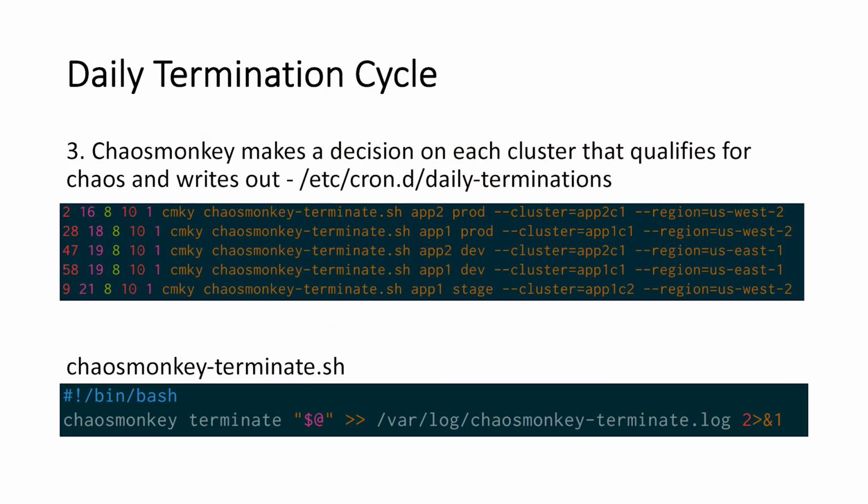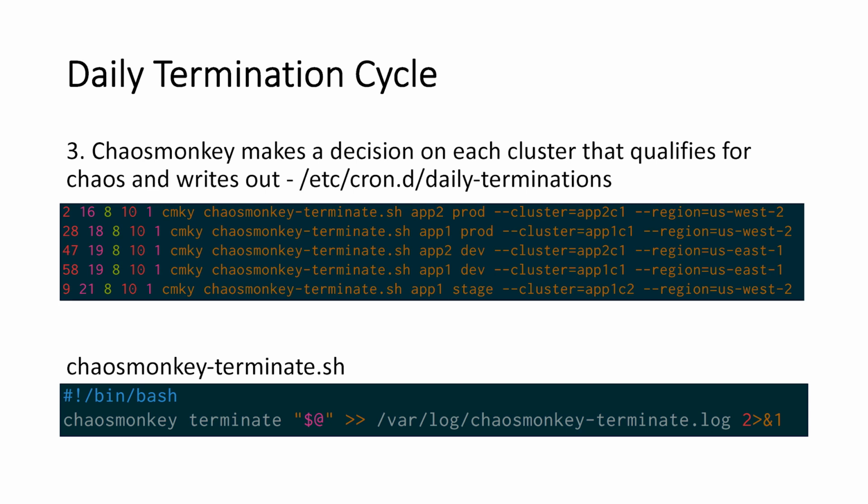Once the scheduling is complete, it will make a decision on each one, and if they qualify for Chaos, it will write them into a new cron file. So Chaos Monkey is going to use your system's cron capabilities to actually drive these terminations in its default configuration. You can see here what the cron file looks like. It's picking some times at random.